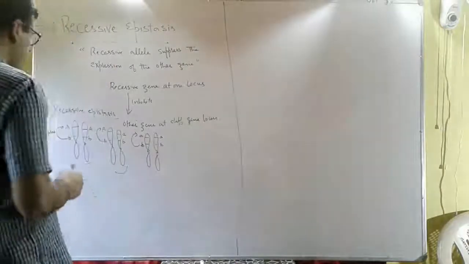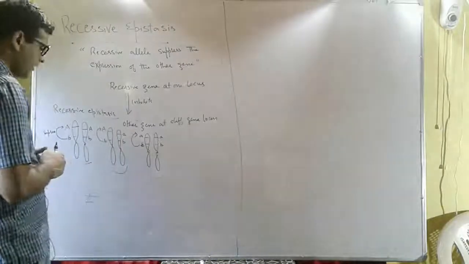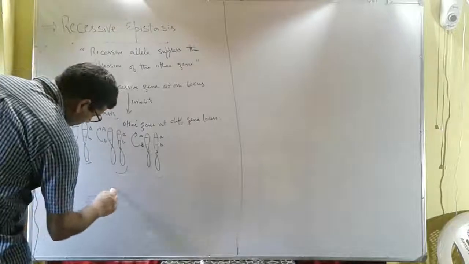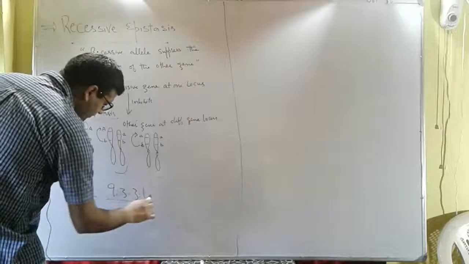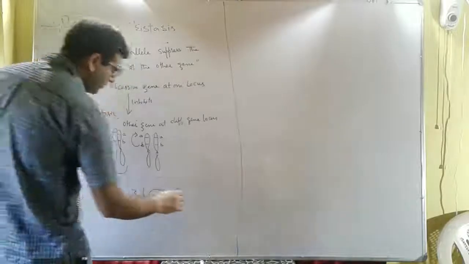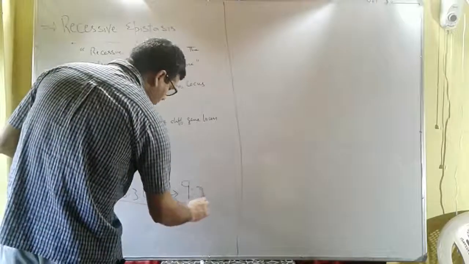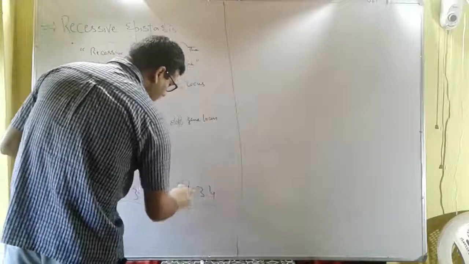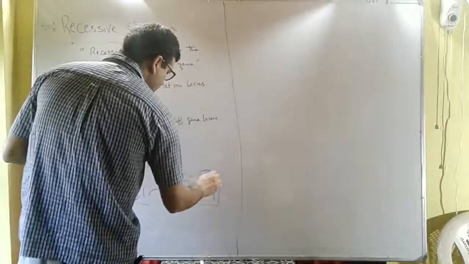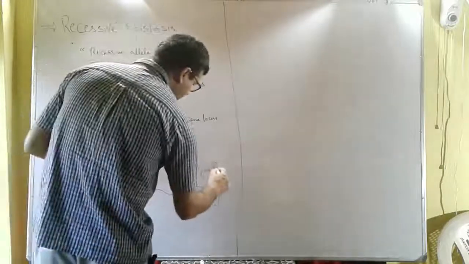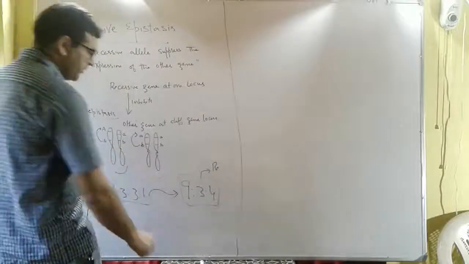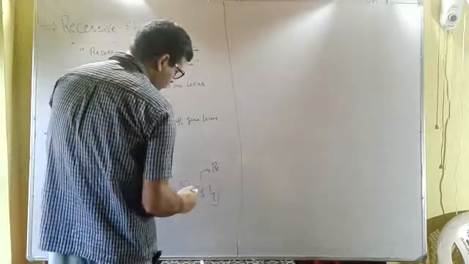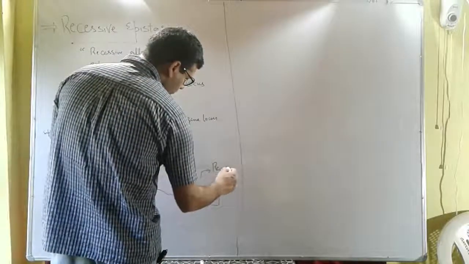In case of recessive epistasis, the normal dihybrid ratio 9:3:3:1 gets modified to 9:3:4.